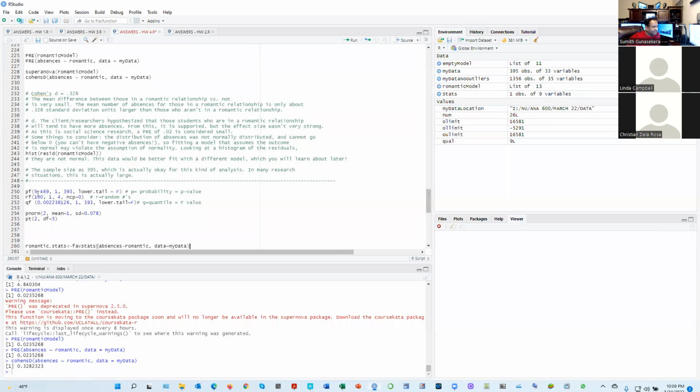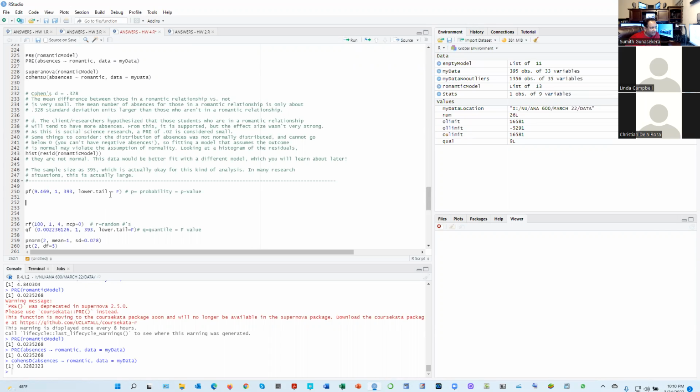I'm getting the probability of that particular distribution, the probability of the F distribution. If you have a normal distribution, remember we put pnorm. That's for the normal distribution. For this distribution, you put this one. You put first the cutoff value, which is 9.469. Then the degrees of freedom: for the numerator, it is the degrees of freedom of the model, and then the degrees of freedom of error.